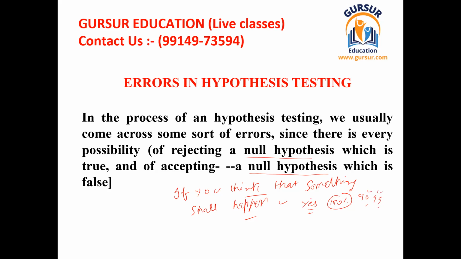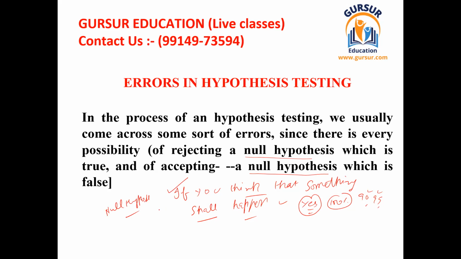If at that level of confidence you say that yes, I am right, this is a null hypothesis. That means you are assuming that what you think shall happen, will happen.